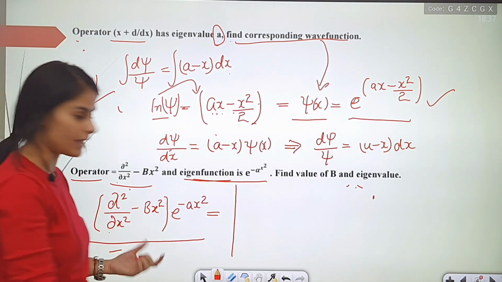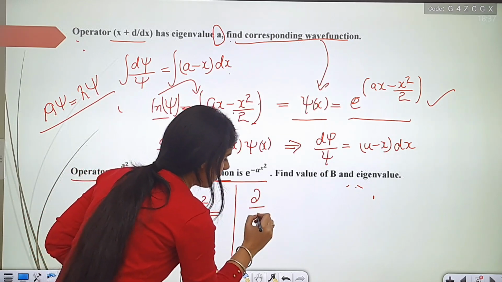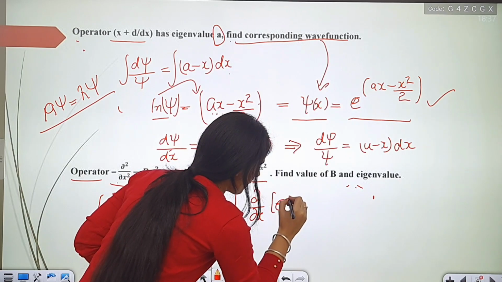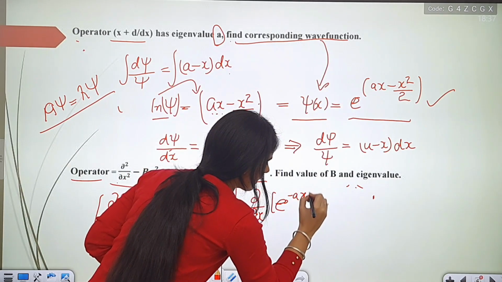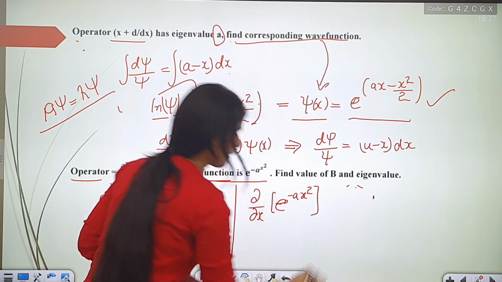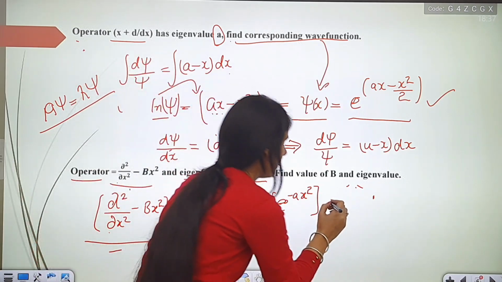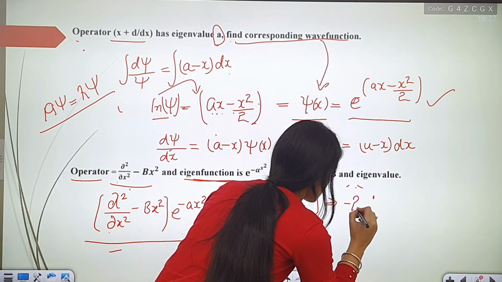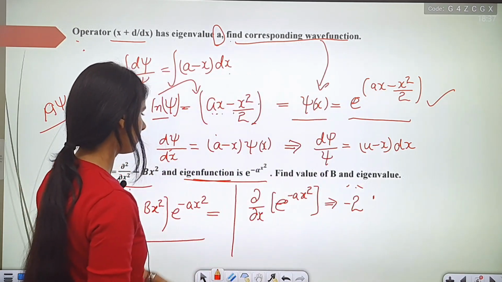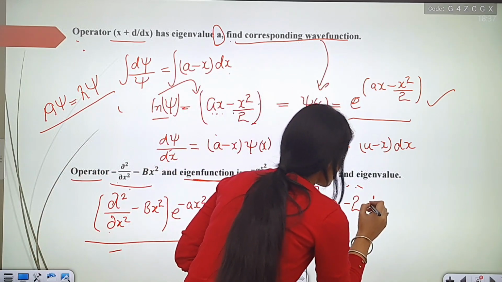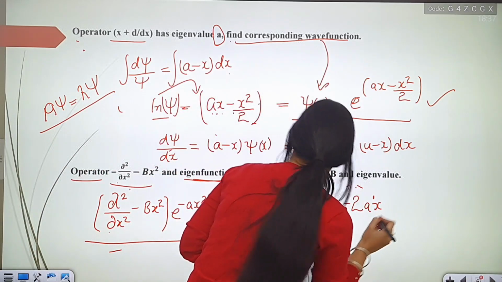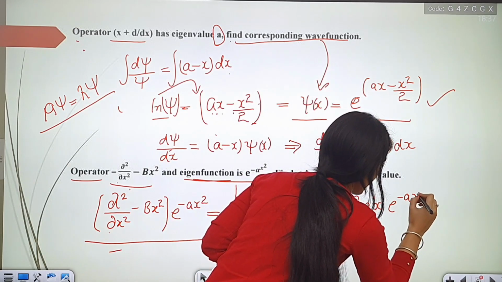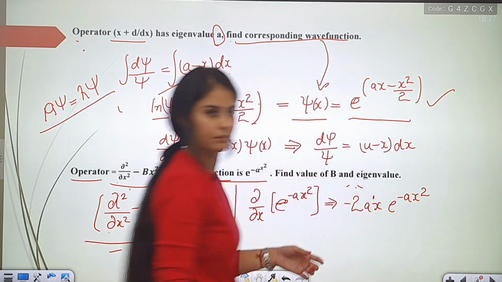First we will take the single derivative, del upon del x of e raised to power minus ax square. After differentiating it, as we know, it will be minus 2ax into e raised to power minus ax square.